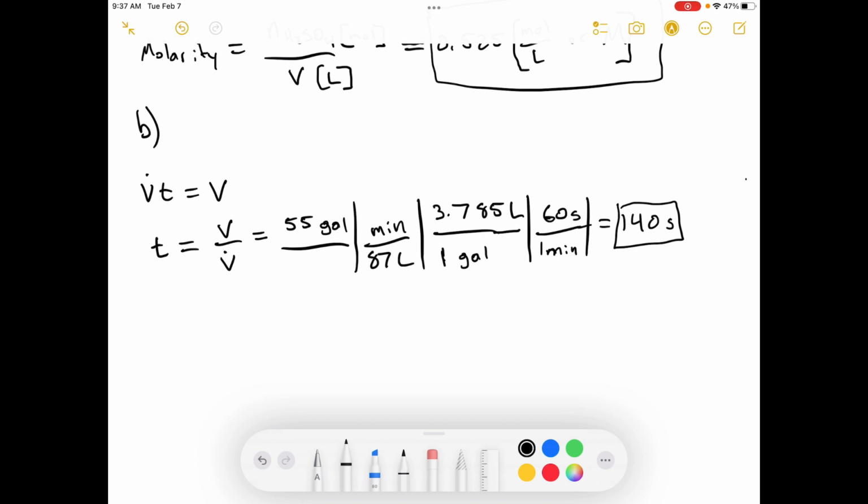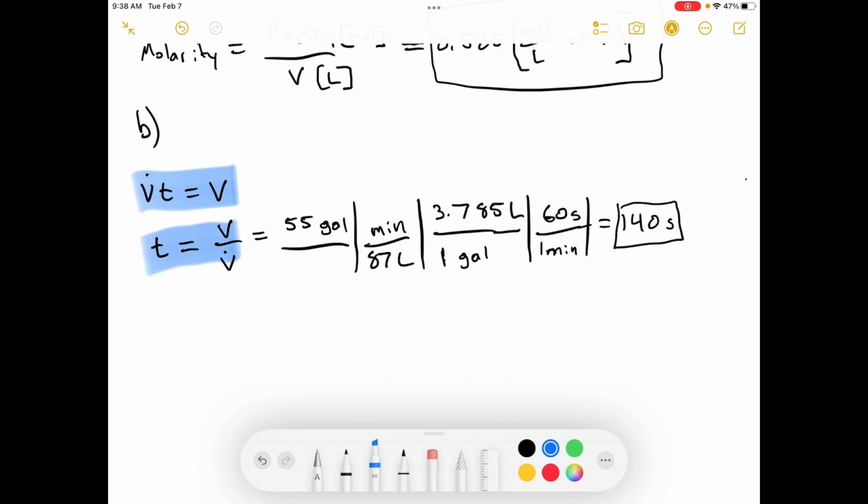If we multiply a certain amount of time by a volumetric flow rate, we get a certain volume. If we want to know how much time it takes to fill a certain volume at a given flow rate, we can just rearrange this equation to solve for time instead.